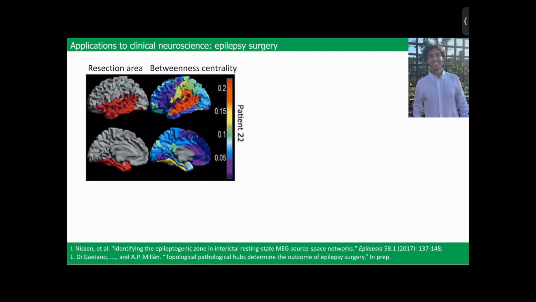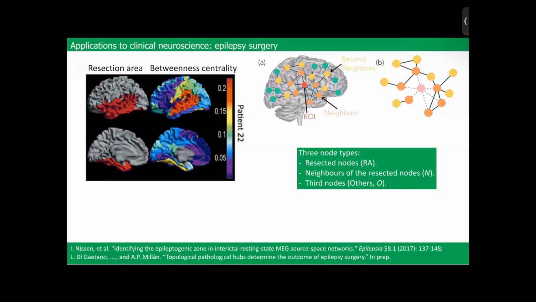So to try to bring together some of these conflicting studies that were in the literature, what we did was try to take a step forward and try a bit more complicated analysis, since the simple ones were not enough. Since the seizures need to spread, they don't only take place locally, but the bad ones really spread throughout the brain. Let's look not only at the region that is removed or its local centrality, but let's consider its role in its neighborhood, in the extended neighborhood in particular.